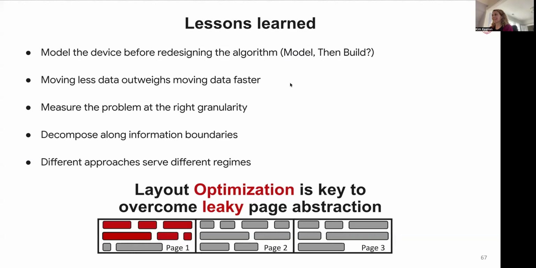I just want to clarify that I agree with you. If you paid attention to what I was saying, I said yes, page abstractions are good, and we need to find ways to optimize the application layout to work with those page abstractions. But Shivaram really wanted to know what is other than paging.